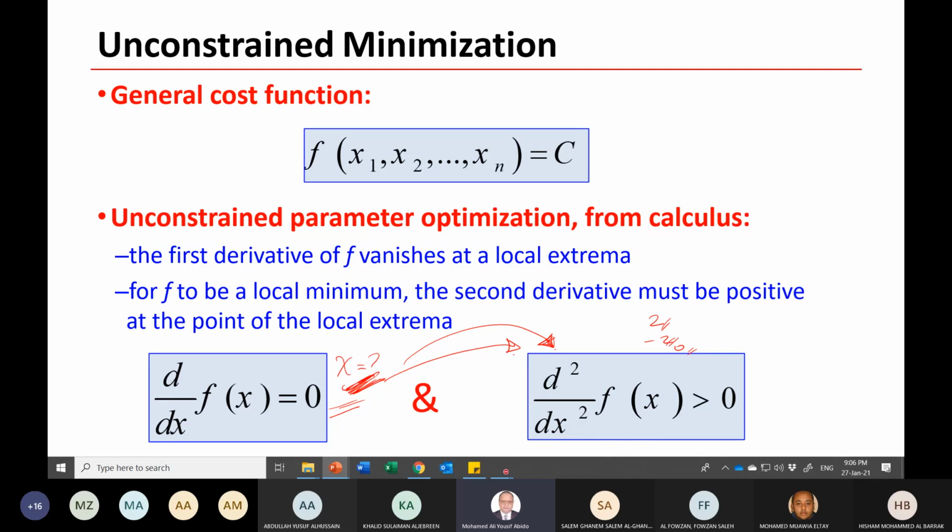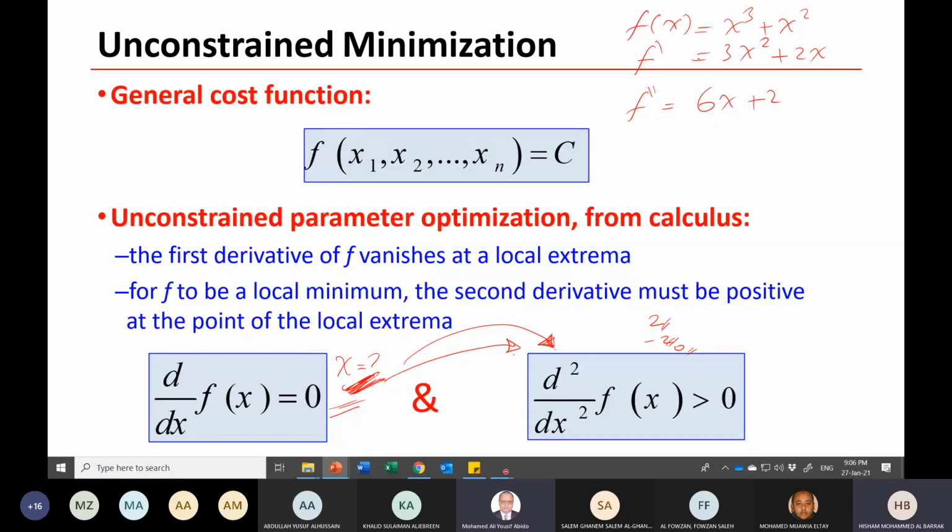Imagine we have f of x equal to x cube plus x square, for example. f prime equals 3x square plus 2x. Am I right? f double prime equals 6x plus 2. Am I right?